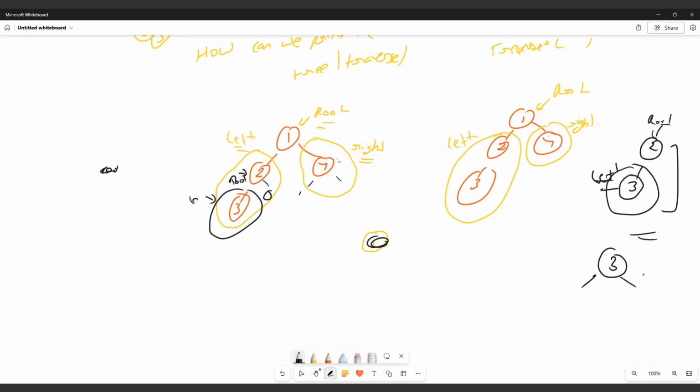So in my tree, there are three parts: the root, the left, and the right. Sometimes left doesn't exist, sometimes right doesn't exist, sometimes neither of them exist and there is only the root, just like here.